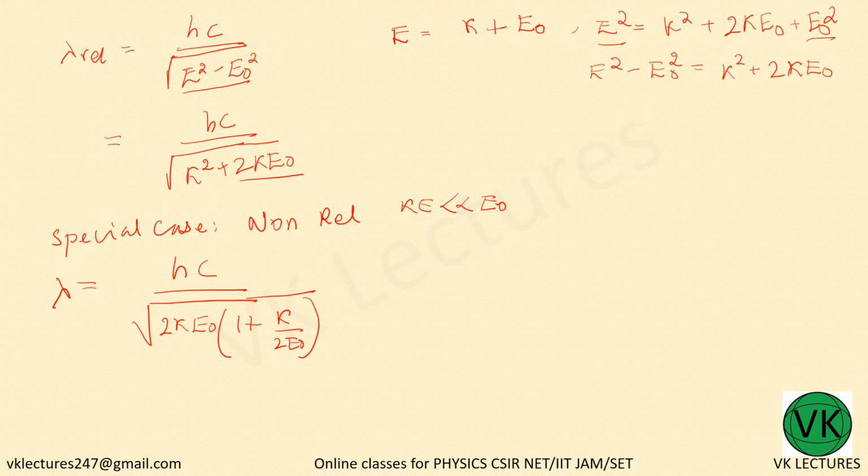Now this K divided by 2 times E naught is a very small quantity, less than 1. So lambda non-relativistic is equal to hc divided by under root 2K E naught.